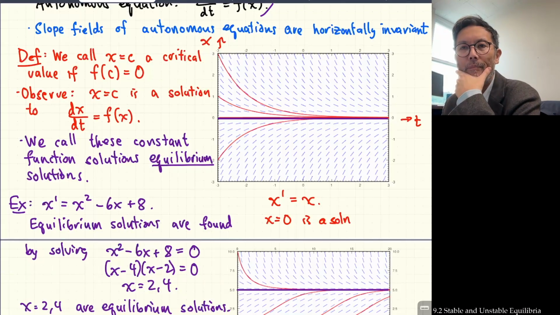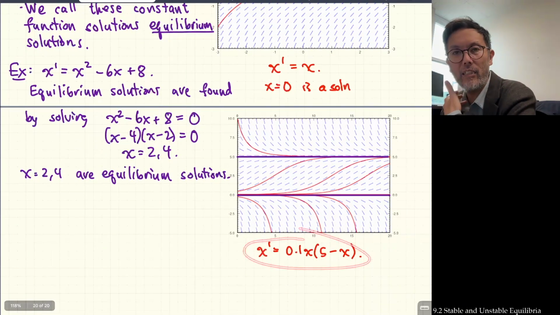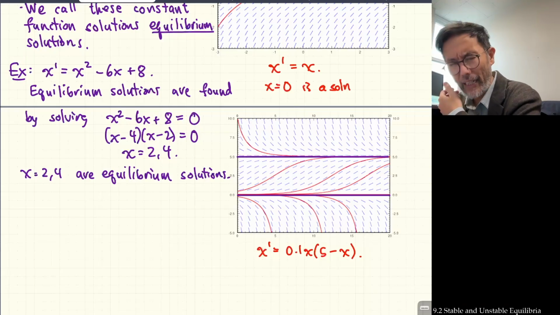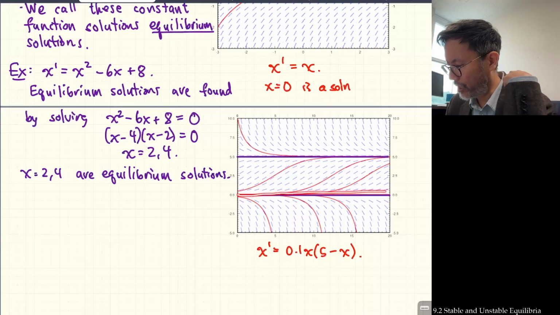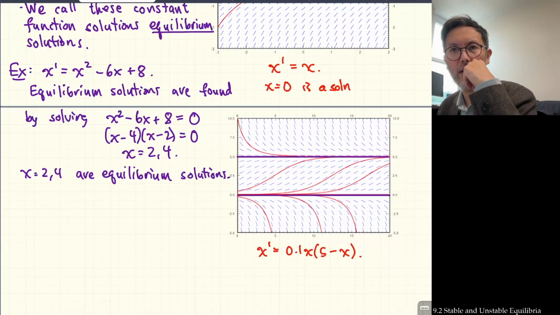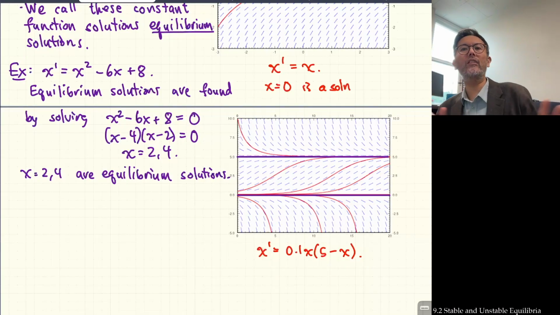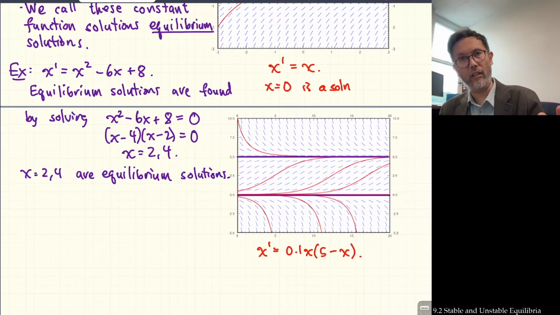If you go to something a little bit more sophisticated, like x prime equals 0.1x times (5 minus x), then there are two equilibrium solutions. One corresponds to x equals 0, because that makes this equal to 0, but also one corresponding to x equal to 5, because that also makes this function equal to 0. So equilibrium solutions in and of themselves are very easy to find. You just set f of x equal to 0 and solve.